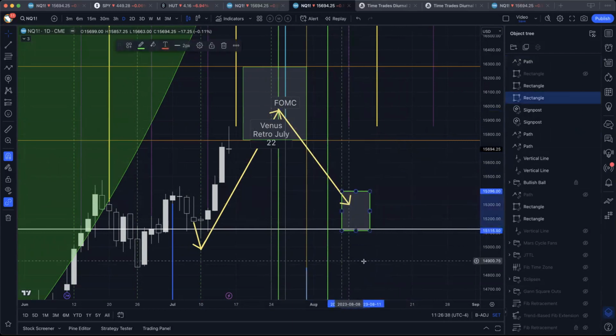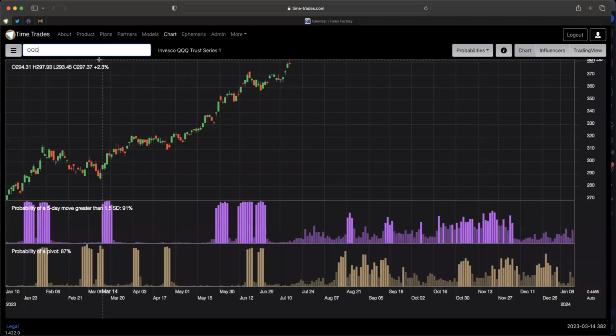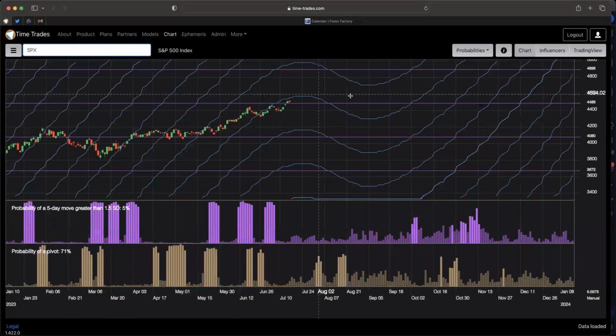So this target box down here is also showing up in some of the pivots in time trades, and it's also showing up in the mass pressure index. So if we flip back to time trades and take a look at SPX and the daily mass pressure index, we can see how that bottoms really around August 10th.